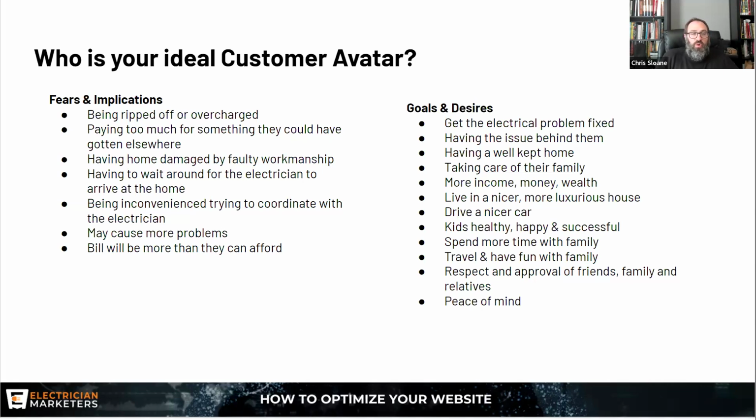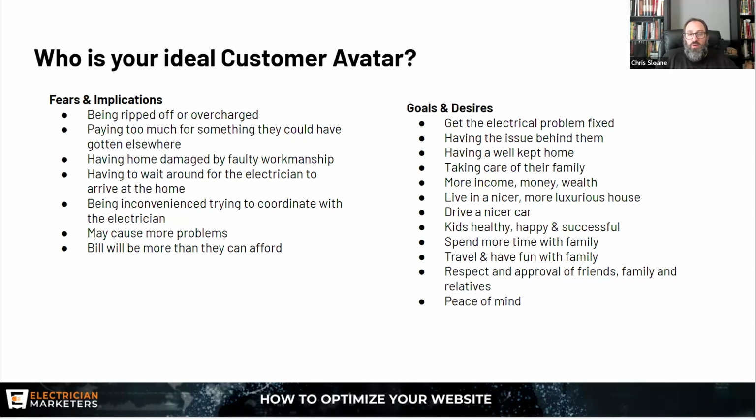Someone wants a whole home generator because they're afraid that they're going to be without power for whatever reason. That's a fear they have. Next to that fear, they may have another fear that they're going to get ripped off or overcharged. You can address both of those with some very simple marketing statements. Talk about these things on your landing page: how your whole home generator install with the brand that you use will guarantee that they always have power, and your pricing is this way so that they know they're not being ripped off.